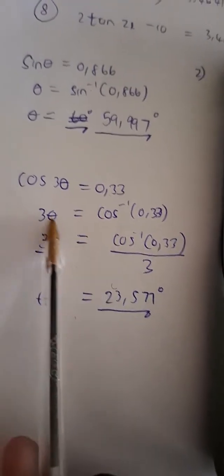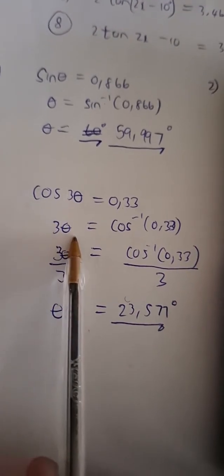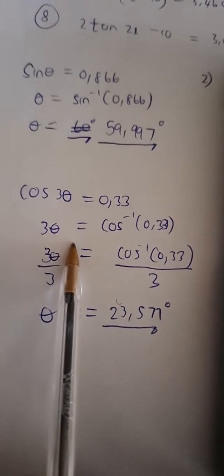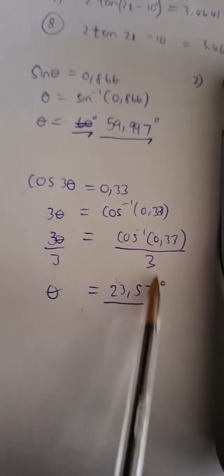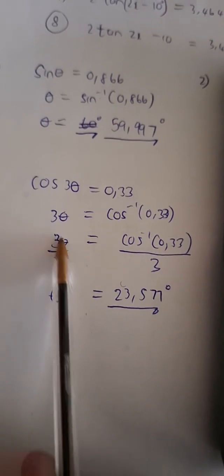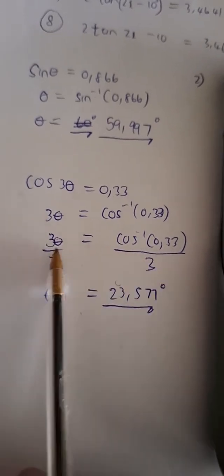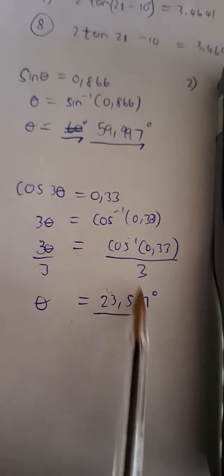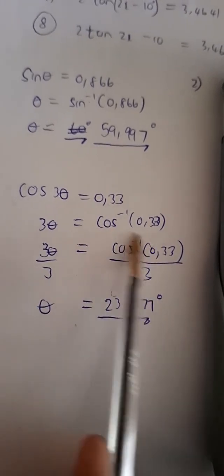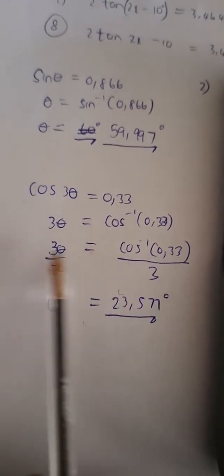We're solving for theta, and obviously our theta, we have been told, is an acute angle. So we then divide by 3 both sides, and we get theta is equal to 23.577. So after taking arc cos of 0.33, then we can divide now by 3 to get the answer.